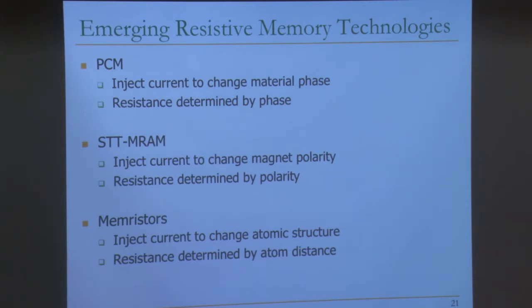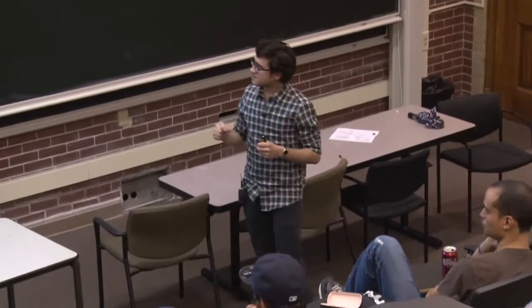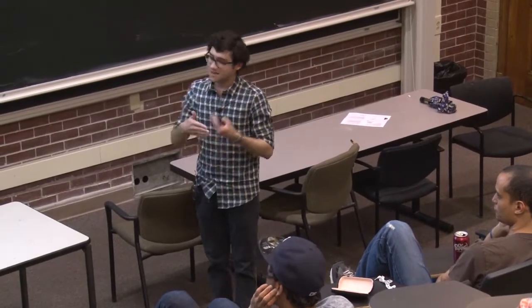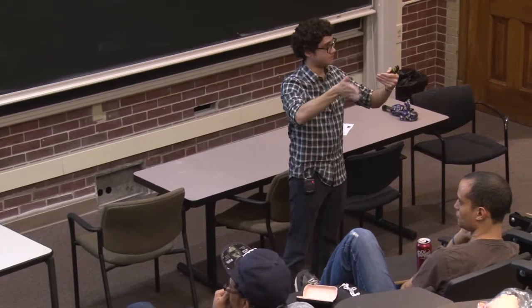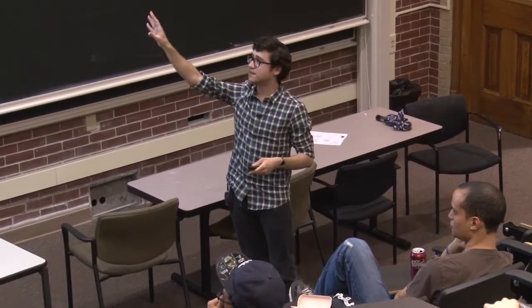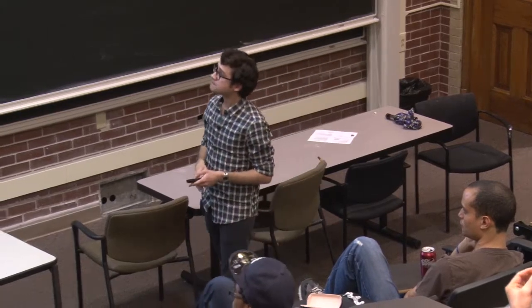And the resistance is determined by the polarity. So those are related. Memristors, like we talked about, inject current to change the atomic structure of that resistive substrate. And resistance is determined by the atom distance from different threshold barriers. We won't go into too much detail on STT-MRAM or memristors, but we'll take a look at PCM right now.